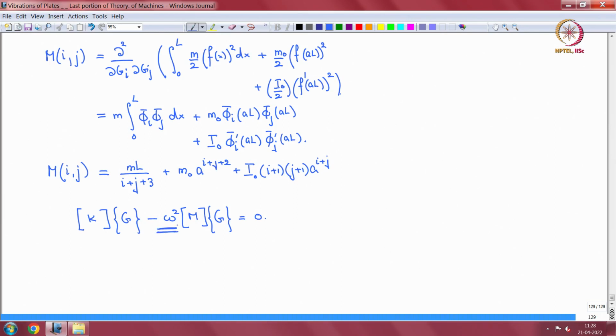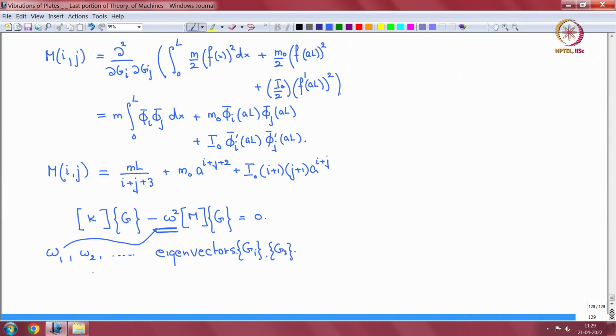Okay. Then you compute the eigenvectors. You get, let us say, omega 1, omega 2, etc. Then you substitute it back here for omega and you find the corresponding eigenvectors G, so G1, G2, etc.